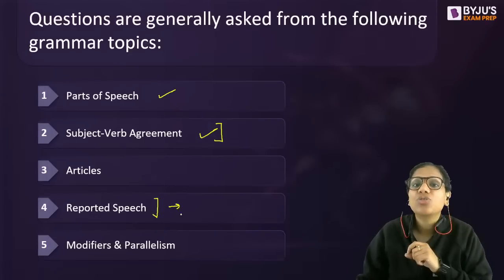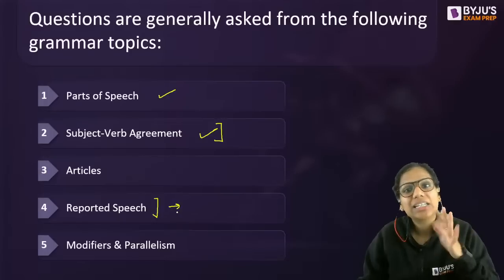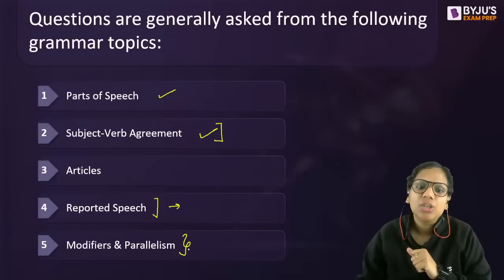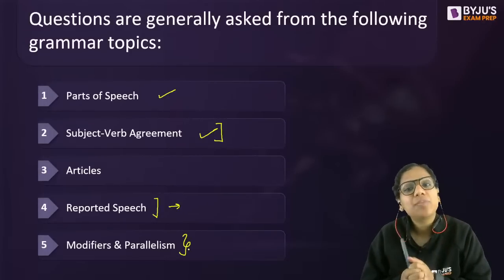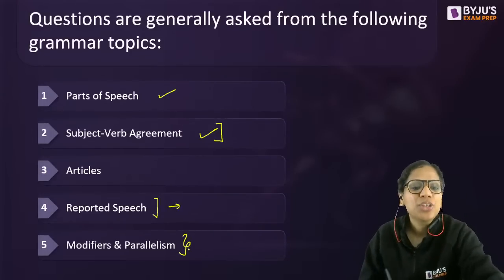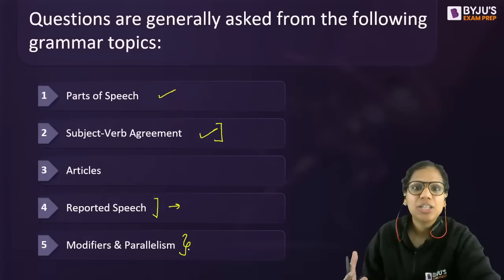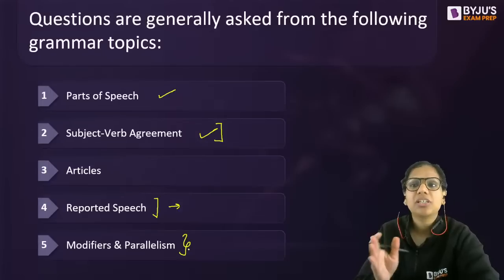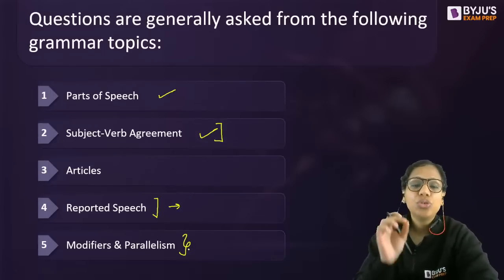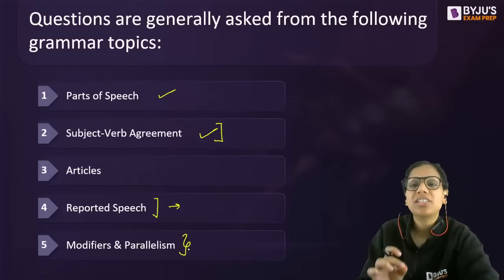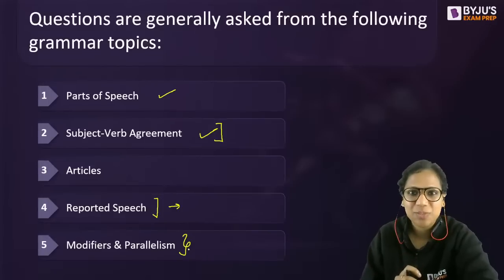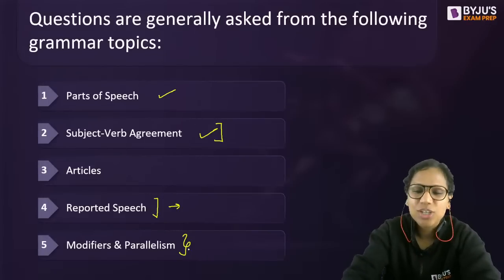Last year, there was a question on reported speech as well, direct, indirect speech. And you can be asked modifier and parallelism errors too. These are the concepts that you need to be well versed with when it comes to grammar. And you don't just need the concepts, you also need to understand how to apply them. So that's what we are going to do today.